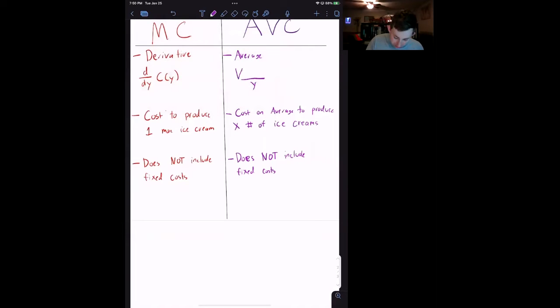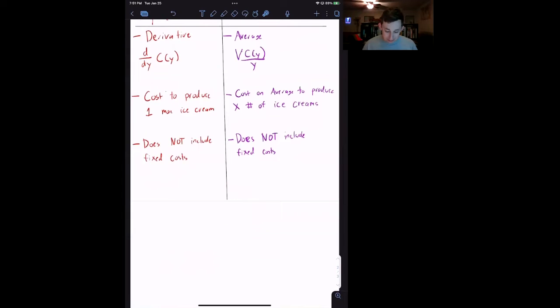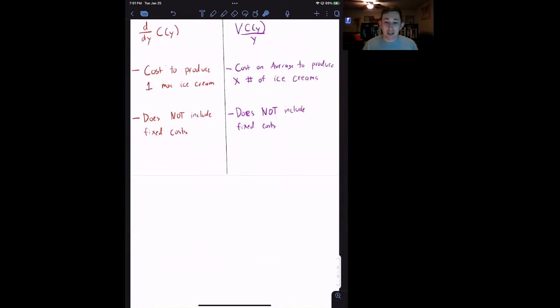Let's just put variable cost of y in here instead of total cost, so we make that clear. Some similarities are that both of these cost functions do not account for fixed costs. Again, I think that's part of the reason that these two cost functions are also confused with each other. And so hopefully this table gives you a nice differentiating line between the marginal cost and the average cost function. Maybe it's a little blurry, but hopefully the line now makes sense. If it doesn't, feel free to rewind and watch it again.